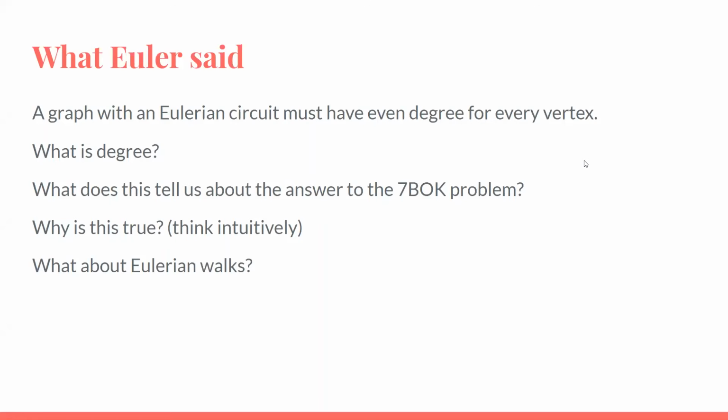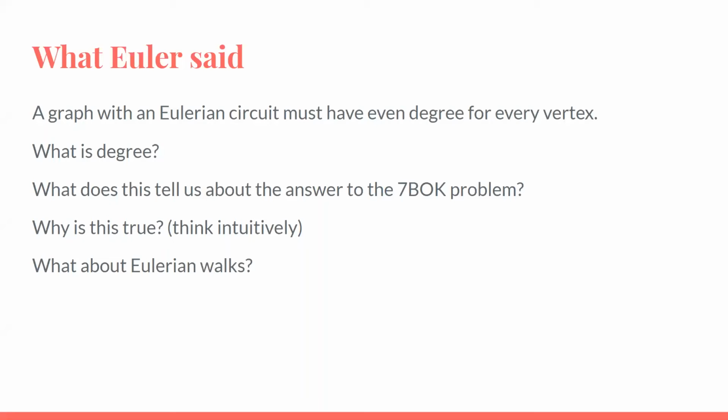All right, so basically what Euler observed, claimed, and eventually proved is that a connected graph with an Eulerian circuit must have even degree for every vertex.